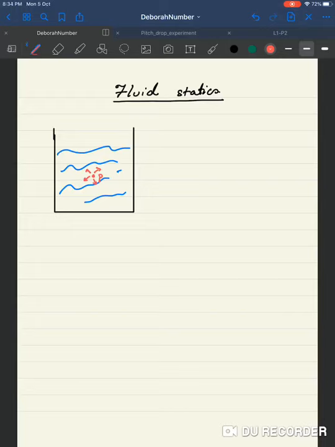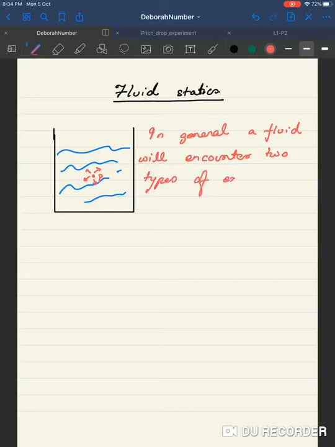And apart from the pressure, which is something that is intrinsic to it, the fluid in general can encounter two types of external forces.